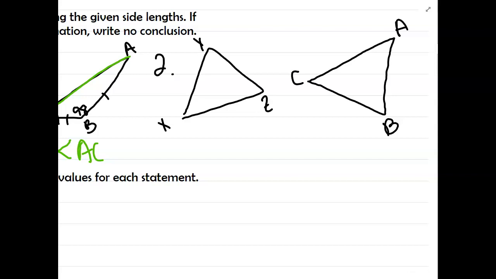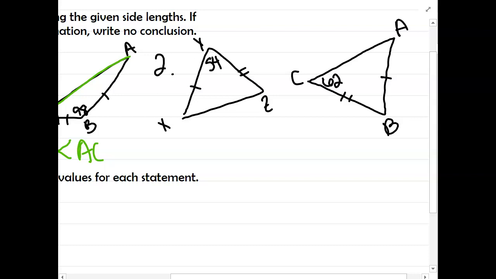We will say XY is congruent to AB, YZ is congruent to CB, angle Y is 54 degrees, and angle C is 62 degrees.